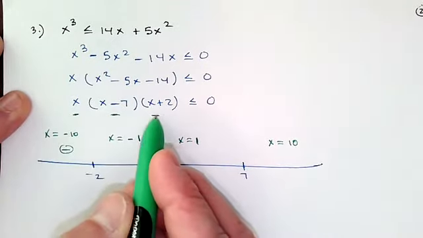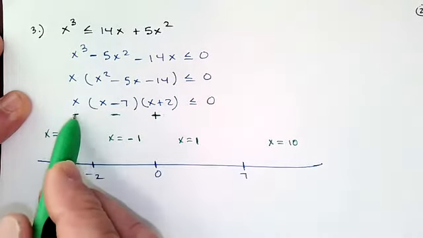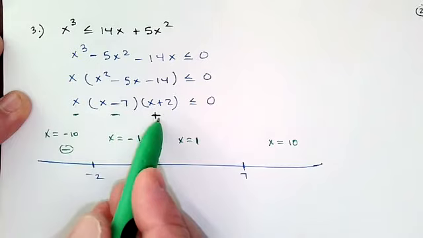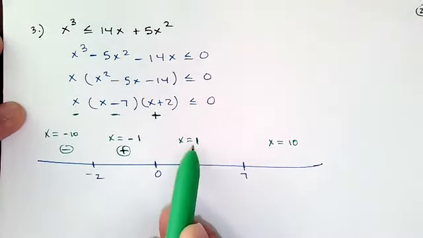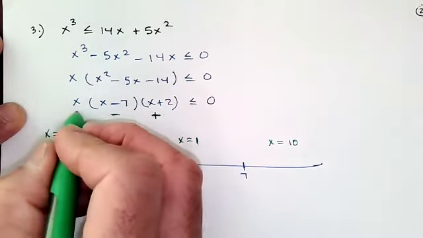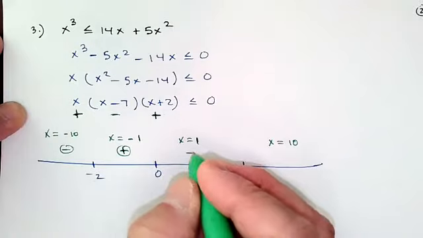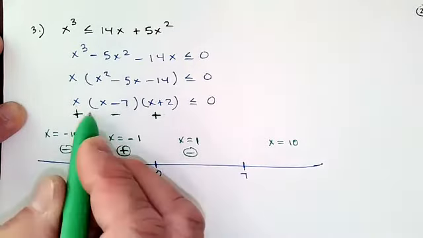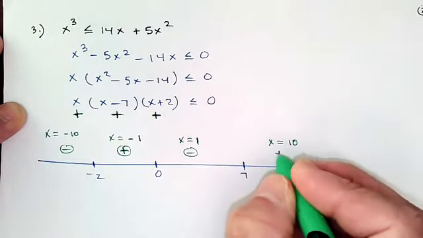That's still negative. But -1 plus 2 gives you a positive number. 2 negatives times a positive would generate a positive number. If x is 1, this one becomes positive. That's still negative. That's positive. Those 3 give you a negative. And if x is positive 10, all 3 of those factors are going to be positive.